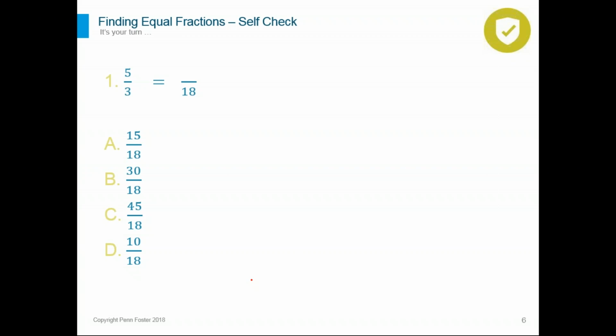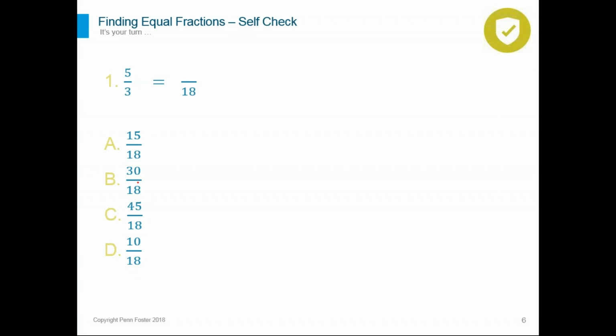So what happens with these questions is you have the question here. In a minute or so, I'm going to change my screen to give you the same question, but a chance to enter your answer. So the question again is the same thing that we have been doing since the beginning of the webinar. What is the equal fraction to 5/3 such that the equal fraction has an 18 in the denominator?